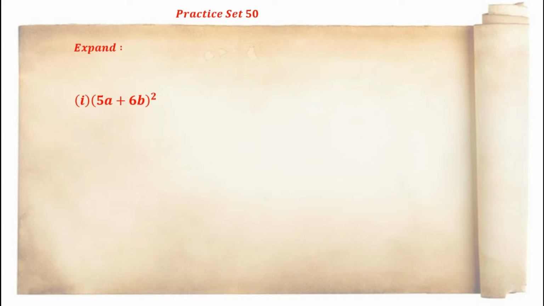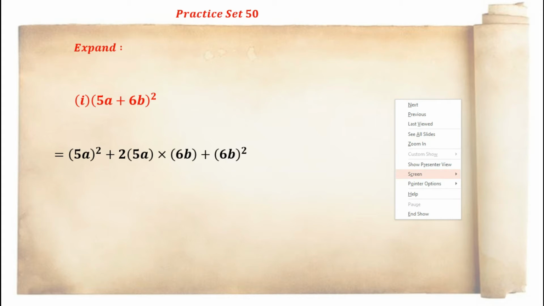Okay, so here you will see that (5a) raised to 2 plus 2 into bracket 5a into 6b plus (6b) raised to 2.